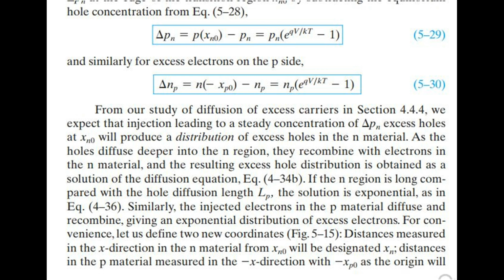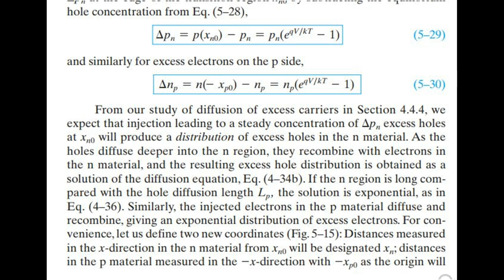If the N region is long compared with the hole diffusion length Lp, the solution is exponential, as in Eq 4.36. Similarly, the injected electrons in the P material diffuse and recombine, giving an exponential distribution of excess electrons.